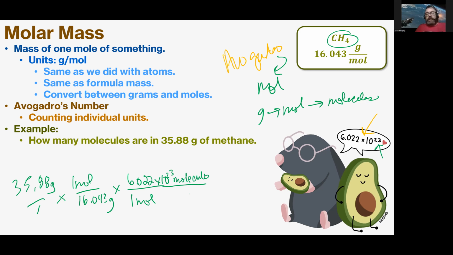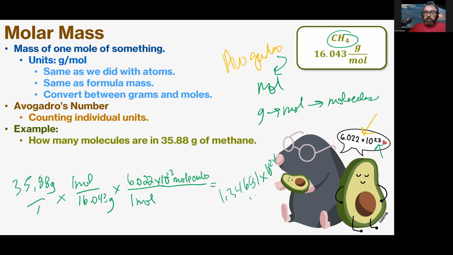All right, so let's do this out. 35.88 divided by 16.043 times 6.022. Remember to use that EE button on your calculator there, EE23. And we should have a lot of molecules, 1.34681 times 10 to the 24th.